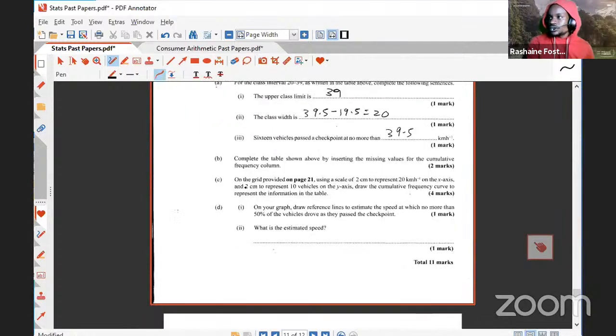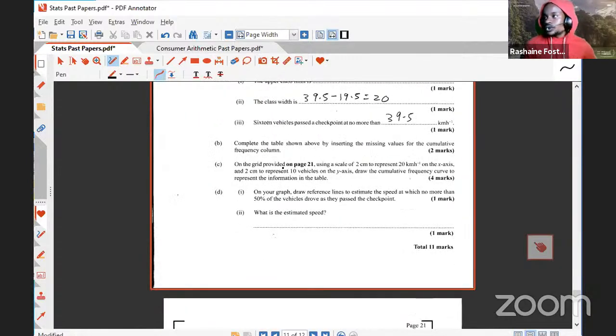It now says on the grid provided on page 21, using a scale of 2 centimeters to represent 20 kilometers per hour on the x-axis and 2 centimeters to represent 10 vehicles on the y-axis, draw the cumulative frequency curve to represent the information in the table.